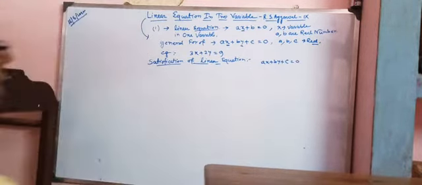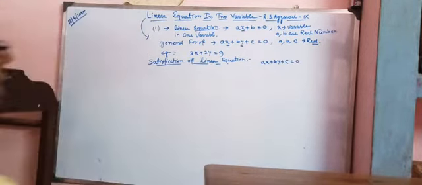satisfy this equation. Suppose we take one equation, 3x minus 4y plus 6 equal to 0, and here it is given x equal to 2 and y equal to 3. Now we have to check whether these values satisfy this equation. For that we take the expression only, that is LHS, which is 3x minus 4y plus 6.